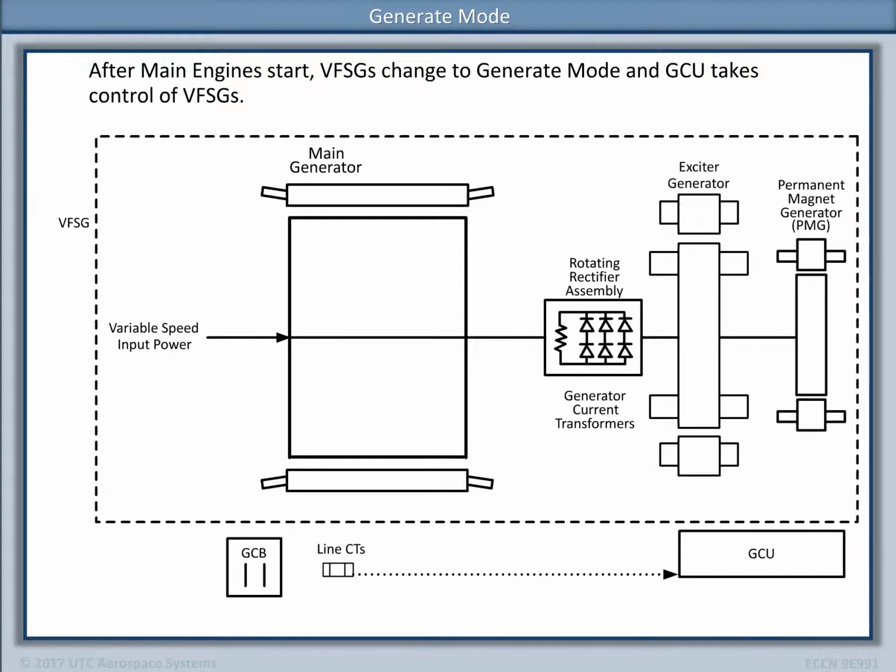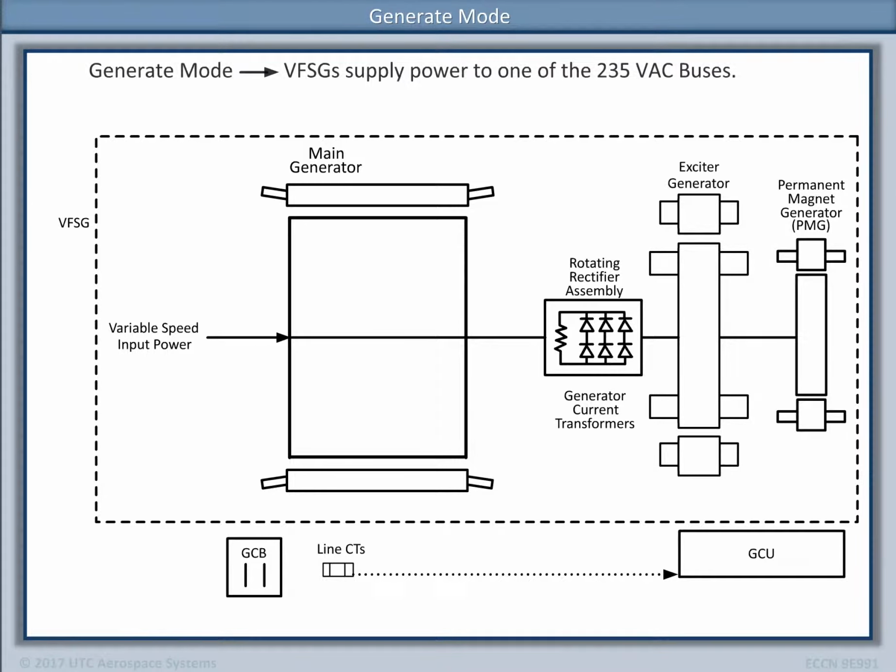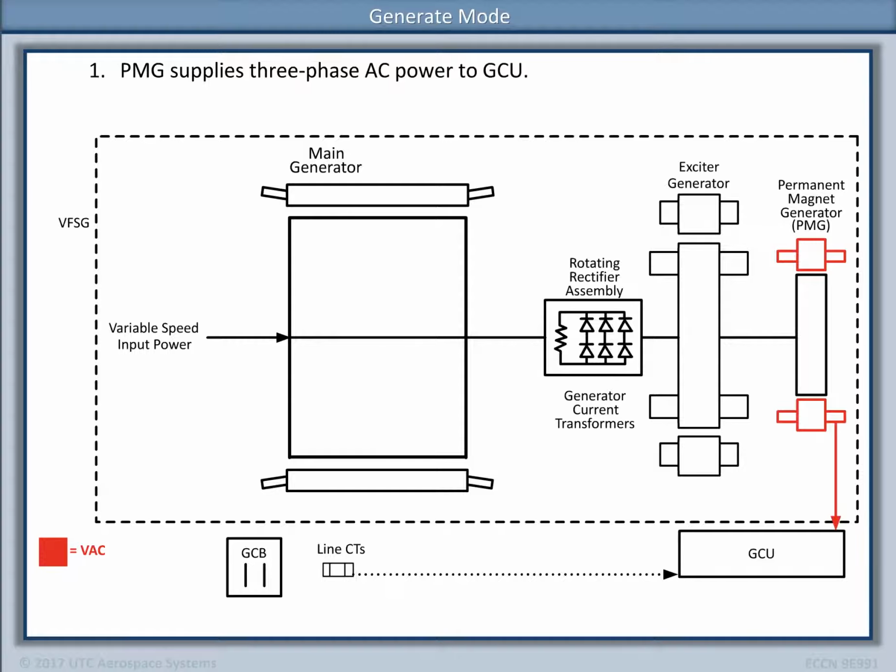After the main engines start, the VFSGs change to generate mode, and the generator control unit, GCU, takes control of the VFSGs. In generate mode, the VFSGs supply power to one of the 235 volts AC buses. To generate power, 1. The permanent magnet generator supplies 3-phase AC power to the GCU. 2.